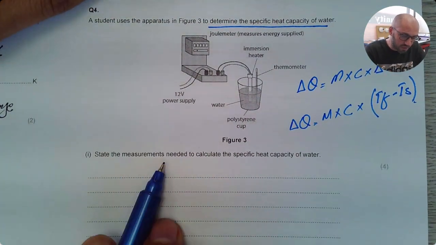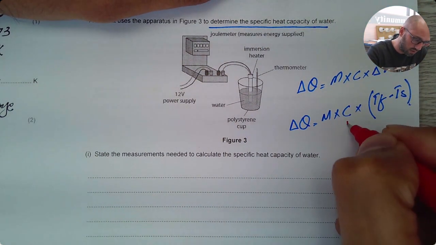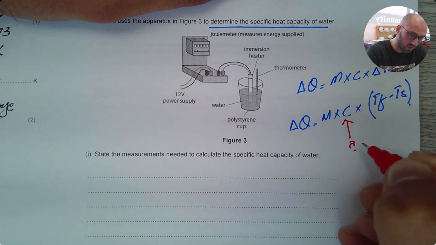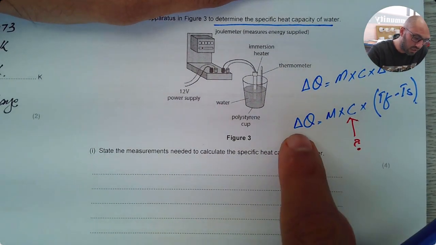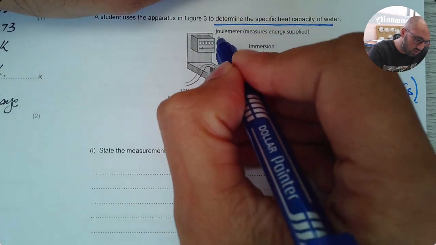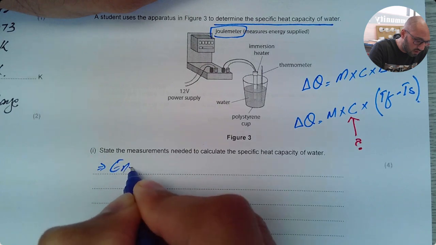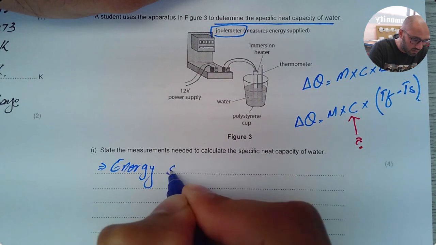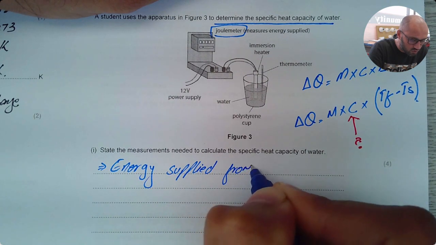It says state the measurements needed to calculate the specific heat capacity of water. Calculate means this is not known, and the rest of the things will need to be measured. So I can say this will come from this joule meter. So I can say energy supplied from joule meter.